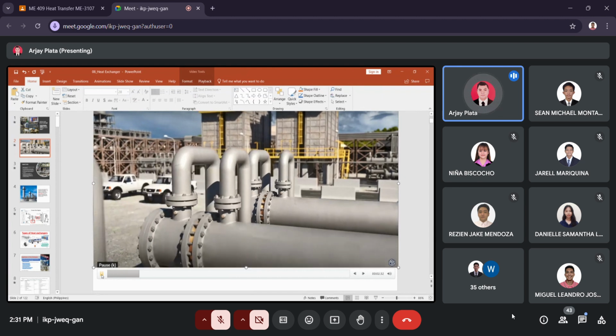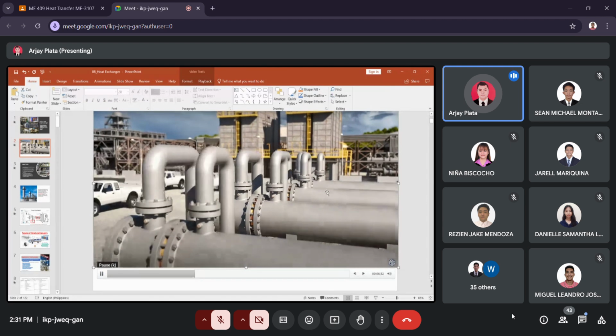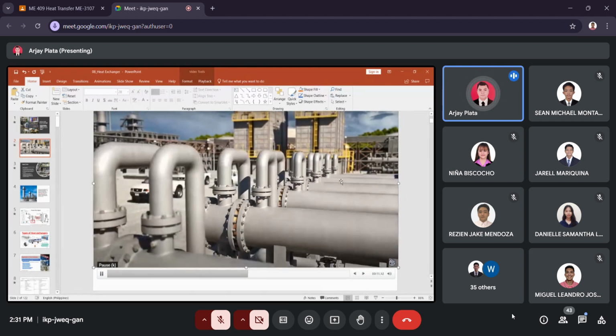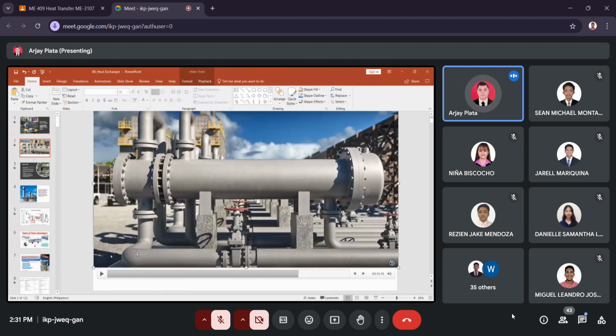The reason is that it requires a possible expansion. Previously, it's possible that there were only 3 units, but as time goes by, as the design progresses, it is increasing. So it's better to consider that when we are selecting a heat exchanger.